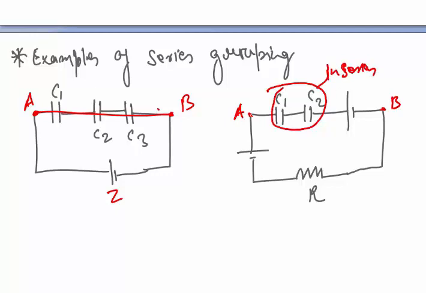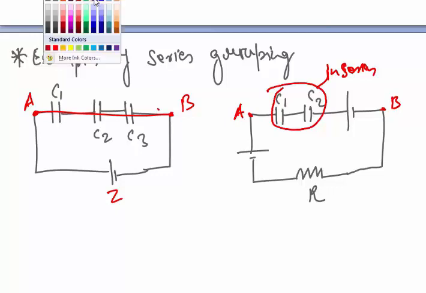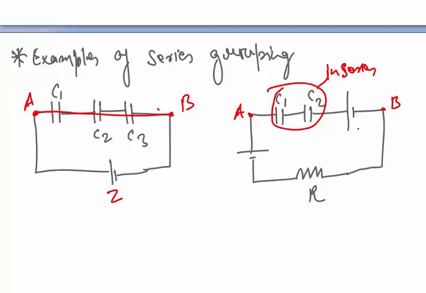Because if we cross from point A to B, we have to pass the capacitors C1 and C2 once and only once. Or from A to point D, again we have to pass each capacitor once.